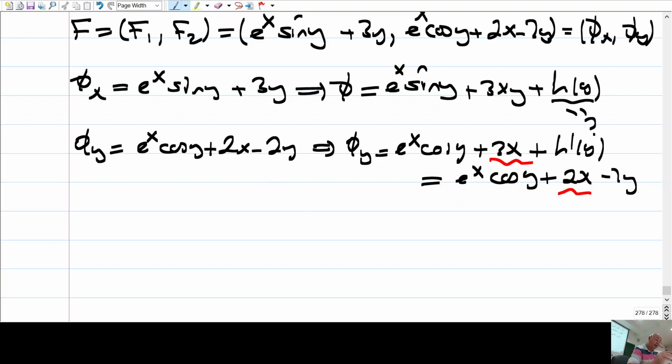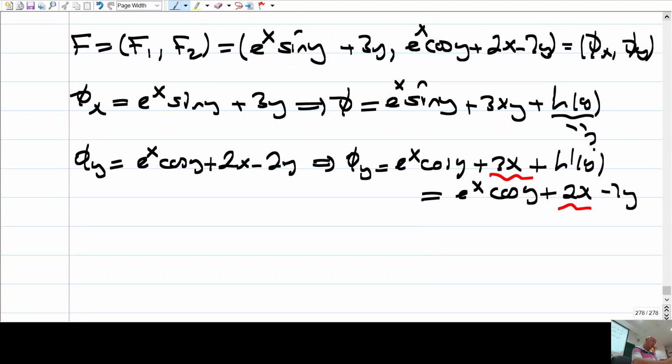So that's why this is not conservative. However, I can do this. If I replace this 3x with 2x, then I would be fine. So hence f is not conservative.